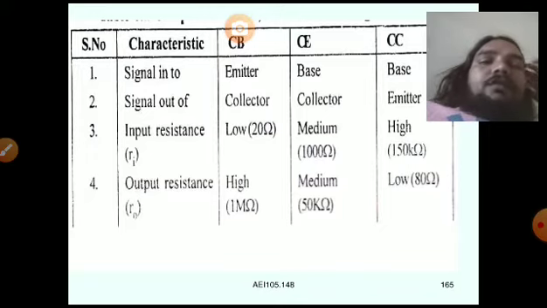Next, fourth one is output resistance RO.